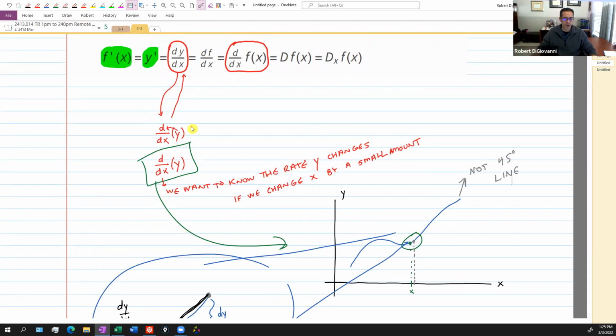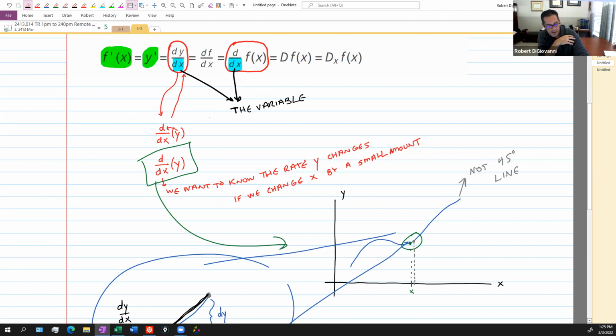Okay, so what's nice about these notations, as you're about to see, the biggest thing is that this dx on the bottom is telling you what's changing on the bottom. In other words, this is what we call the variable.